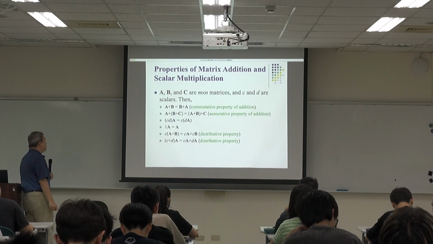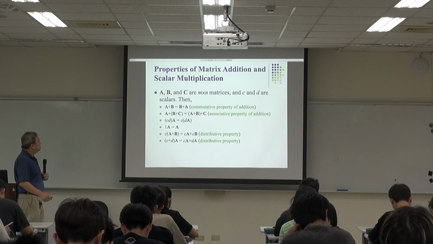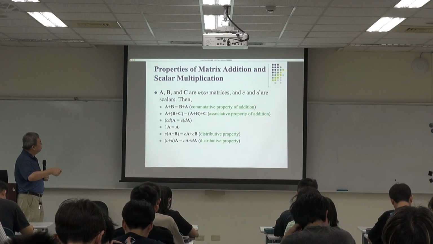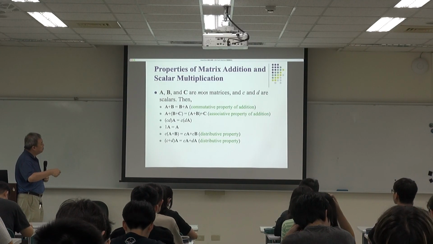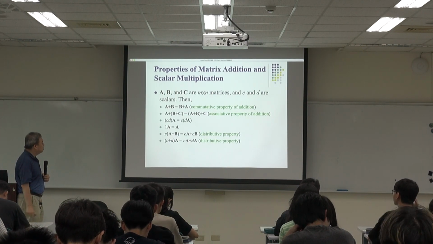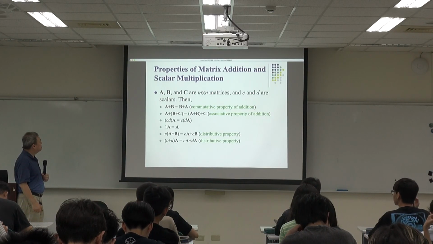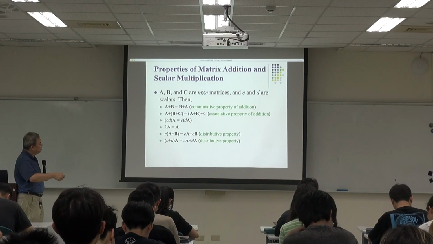Then more properties about matrix operations. For example, for addition we have the commutative property. In other words, we can switch the order and the result will be the same. And we have the associative property for matrix addition.